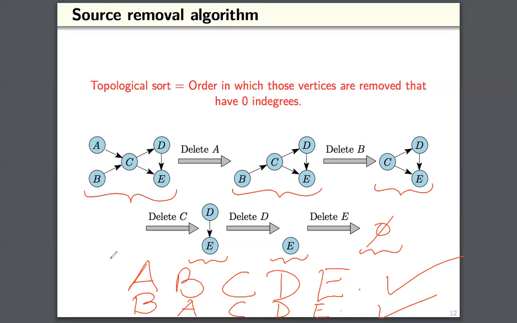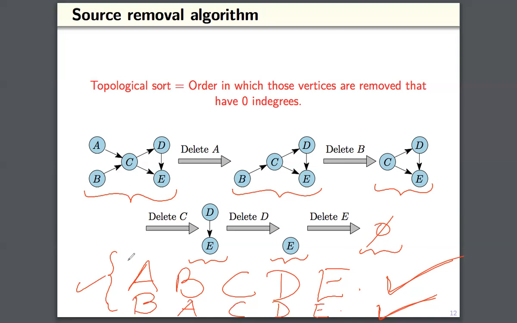So you can either answer as this order or this order. If I specifically say give all possible topological sorts for this graph, you need to write both. Make sense? So a very simple algorithm, right?